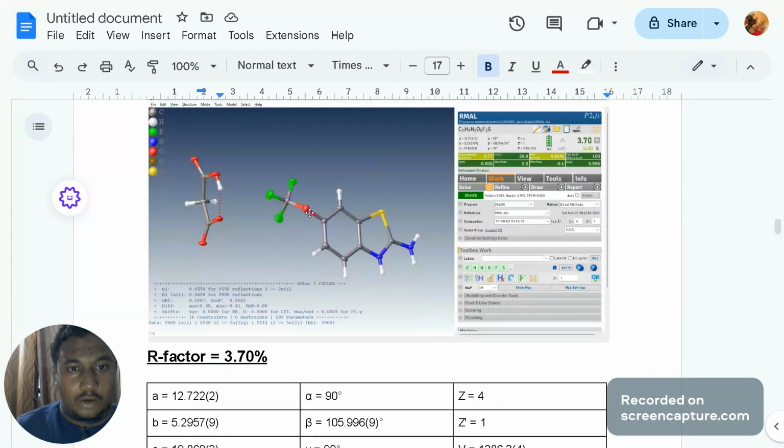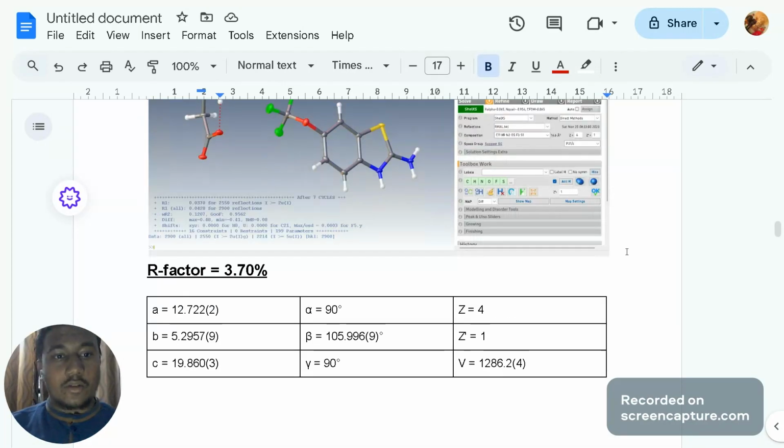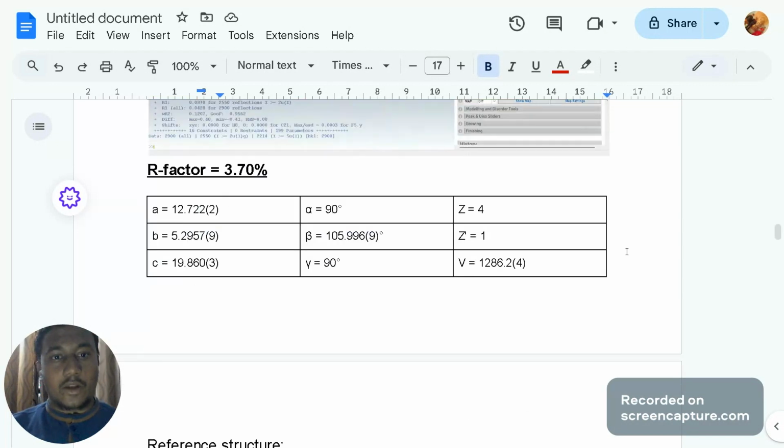The red part is oxygen, the green part is fluorine, which is also written here, and the blue part is nitrogen. In this malonic acid, the dotted line shows a hydrogen bond, which is not permanent but temporary or non-direct. They are not exactly together, but due to certain forces like hydrogen bonding, they are making a bond.